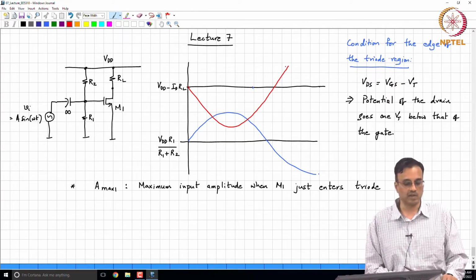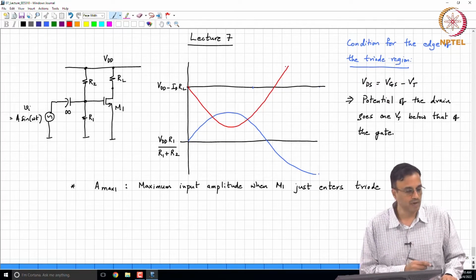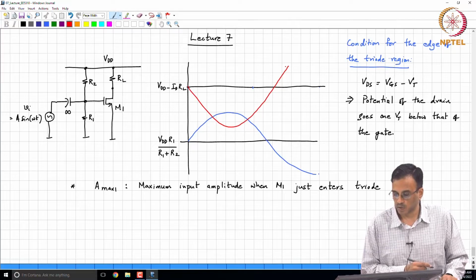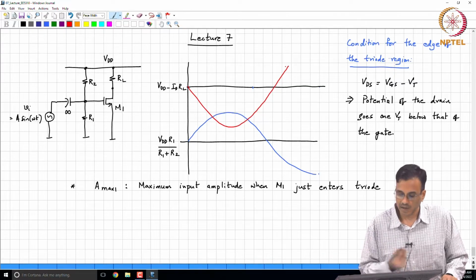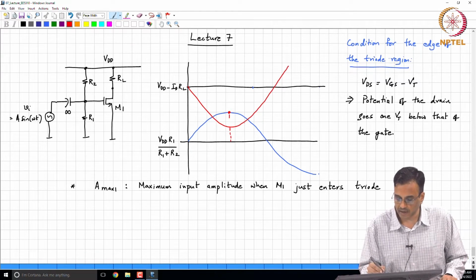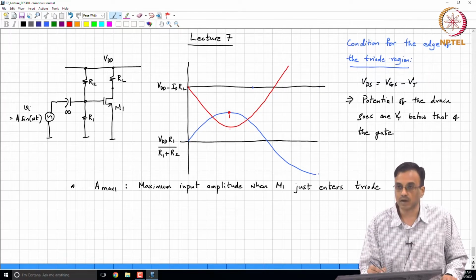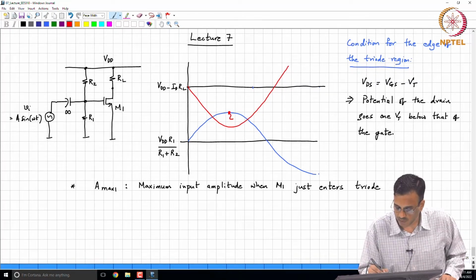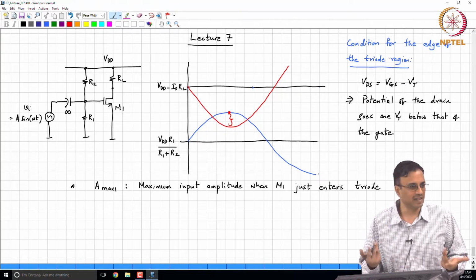This is the absolute potential of the drain. At which point in time will you have the transistor going closest to the triode region? At the peak of the input, at that point. If the transistor is at the edge of the triode region, what comment can we make? What is that distance? Vt, that is all.